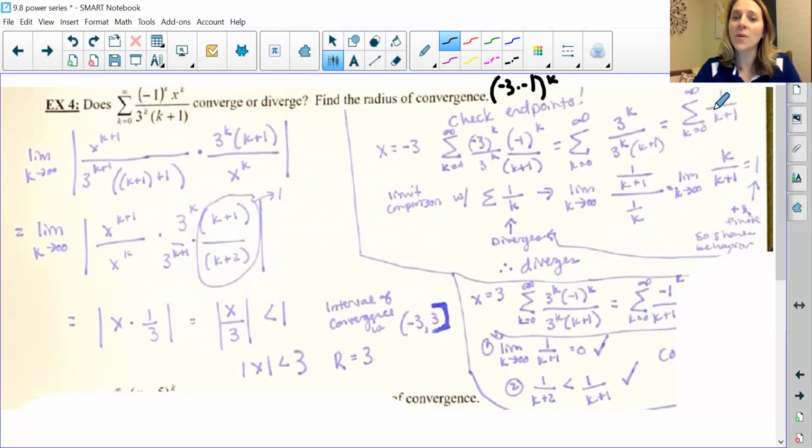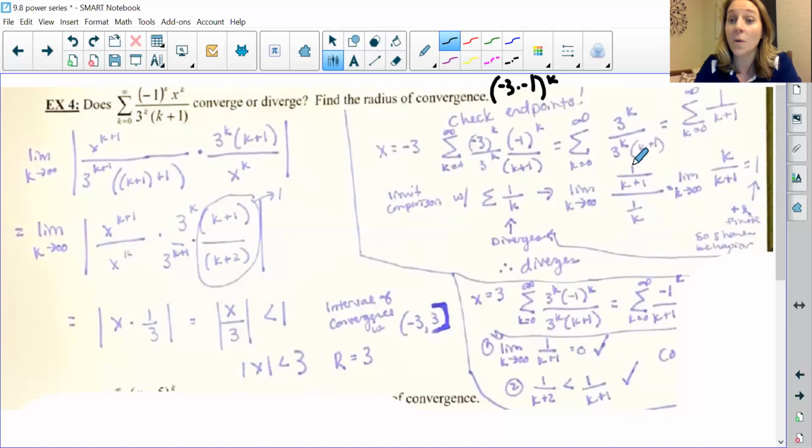So how do we then check to see if this is going to converge? Well, we can use a limit comparison. And I know that a similar series would be the series with 1 over k, which I know is the harmonic series, and we know that that diverges. So remember, the limit comparison says that if we do the ratio, if we get a positive and finite limit, then we would have the same sort of behavior.